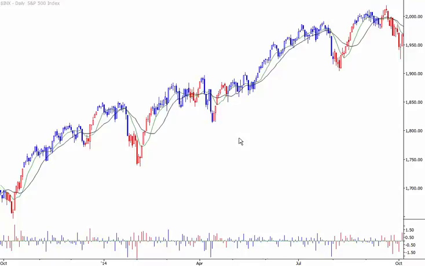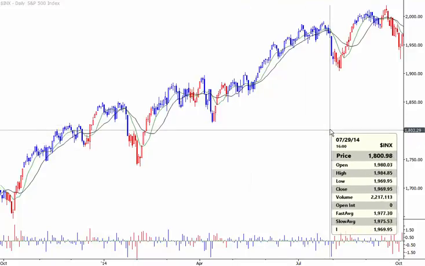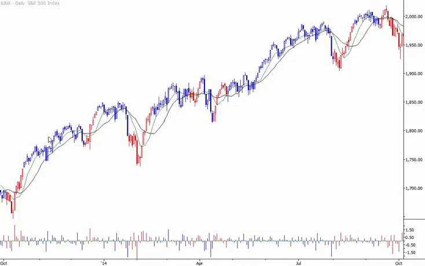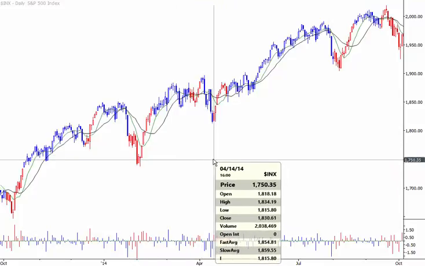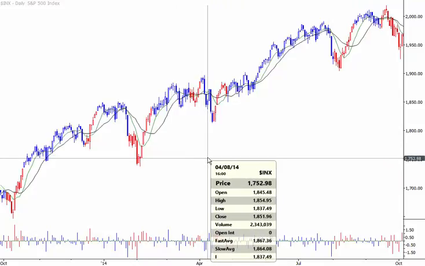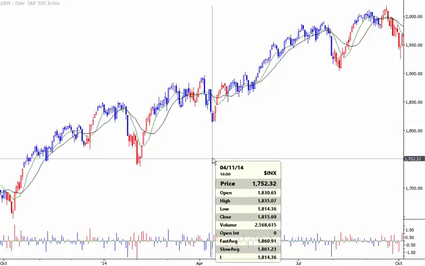To my eye, I would think so. And the reason is because we see all of these long trends. We catch most of that. We catch most of this. And yeah, we're flat a little bit, flat to up a little bit. Here's where we would have losing trades. But as we know, nothing works all the time.